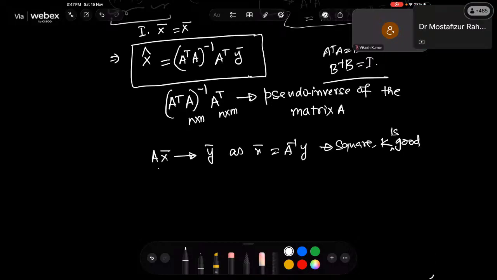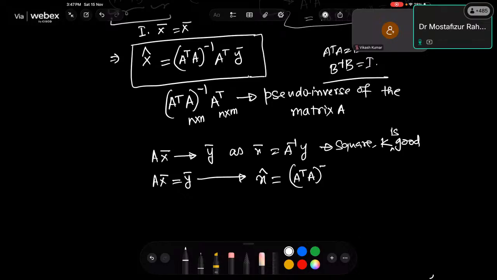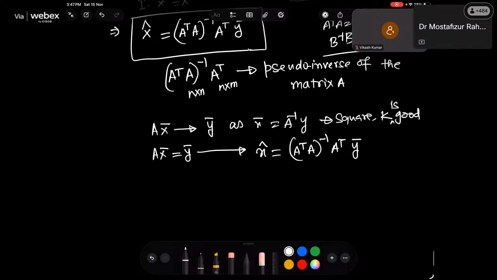But if it is a rectangular matrix, then for A x bar equals y bar, you have a solution at least: x hat approximately equals A transpose A whole inverse A transpose y bar. This is the pseudo inverse of matrix A, and now you have a solution, right?